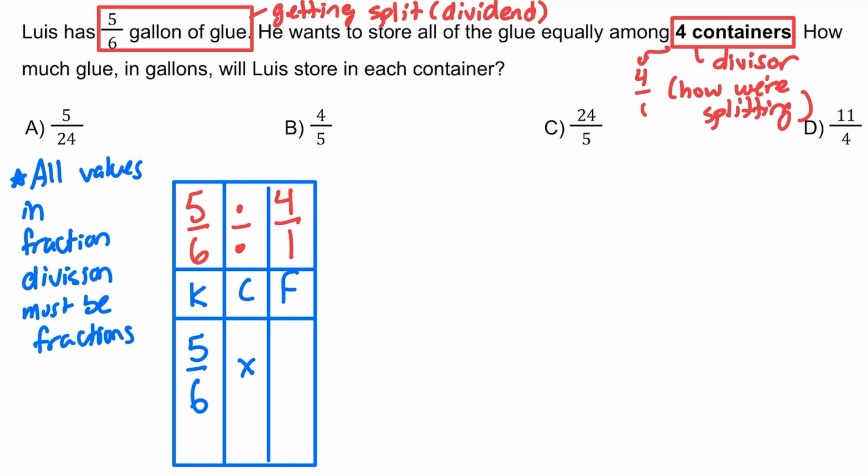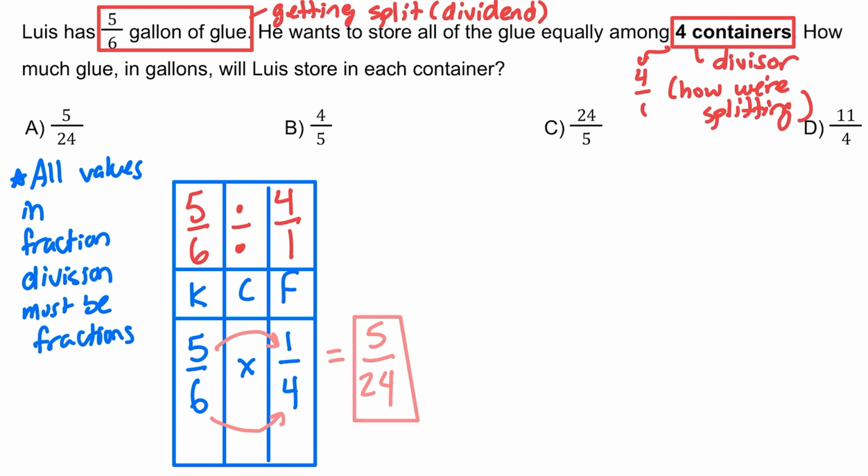So instead of 4/1, we're going to make that 1/4. And now that we have a multiplication question, we just multiply straight across. We've got 5 times 1 equals 5 over 6 times 4, which equals 24. So our answer is 5/24.